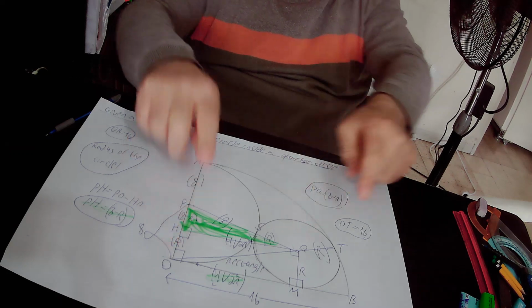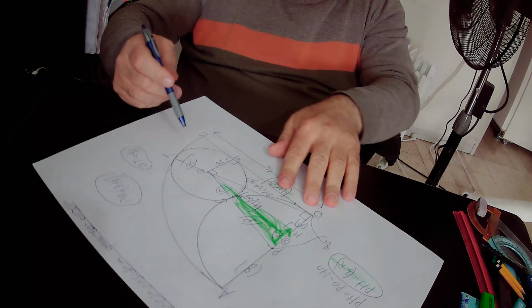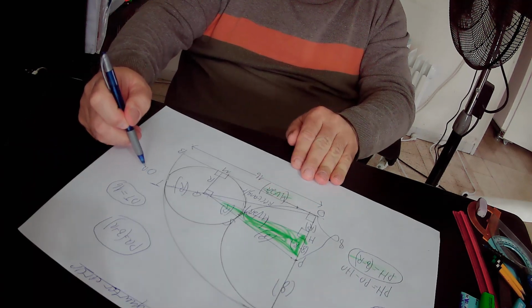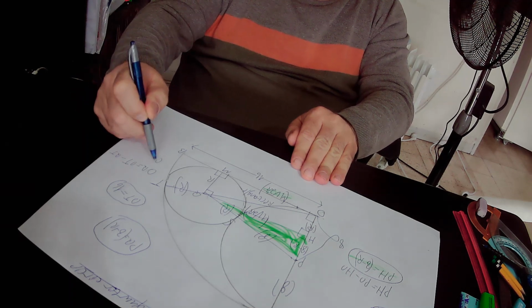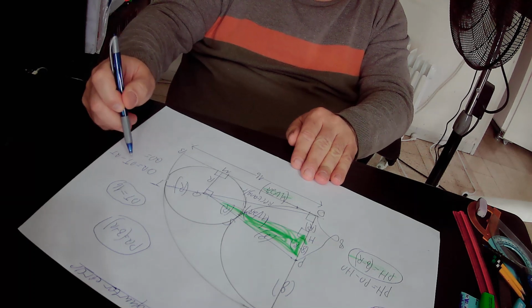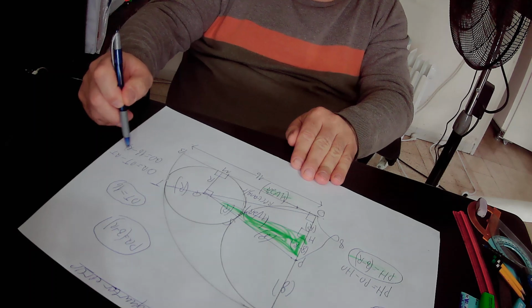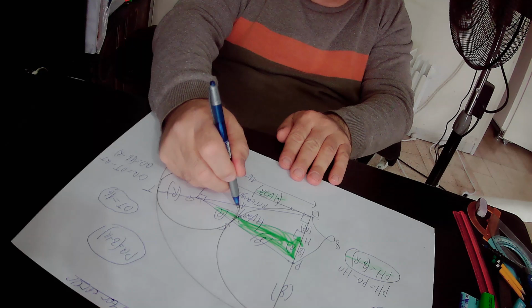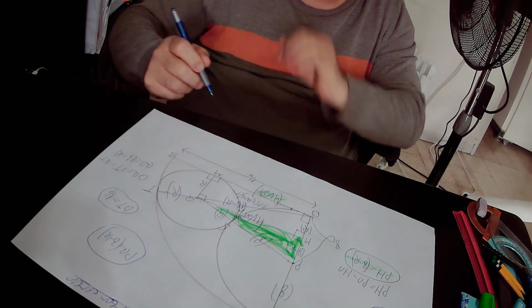So I write it down: OQ equals OT, that is 16, minus QT, that is R. So in total, OQ equals 16 minus R units in length.